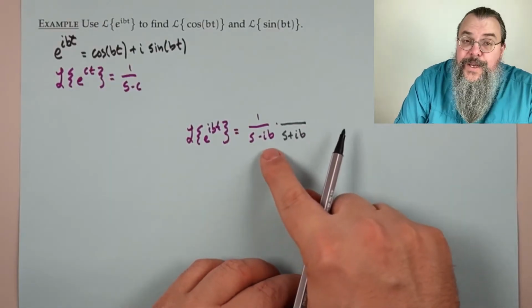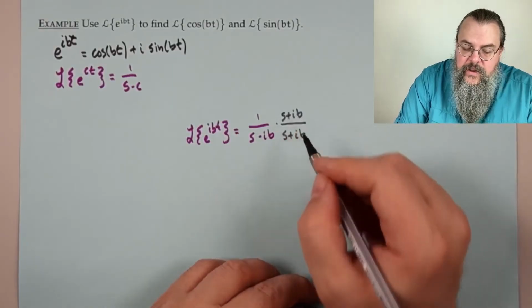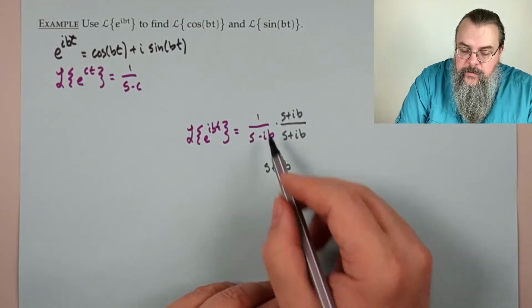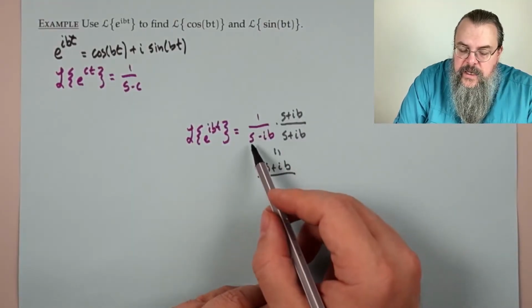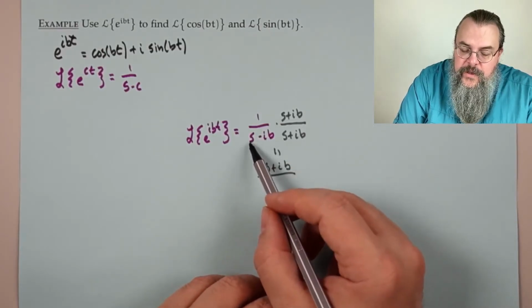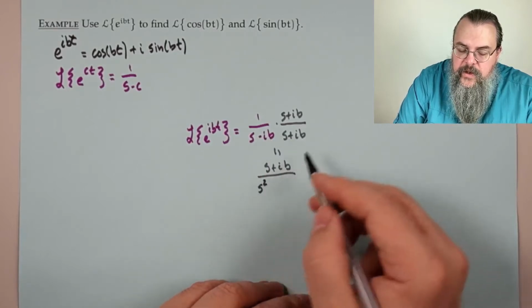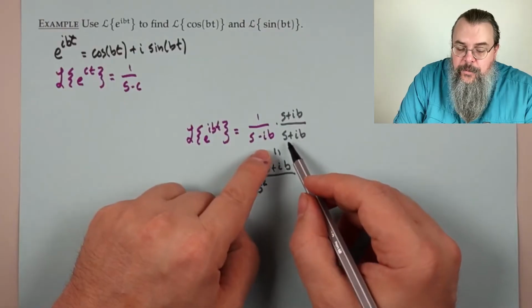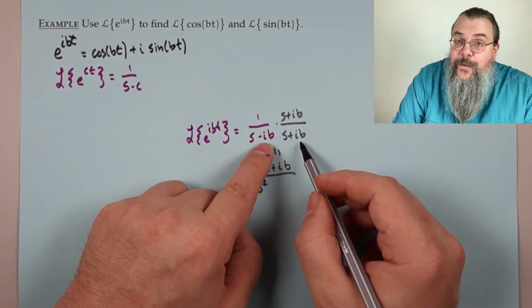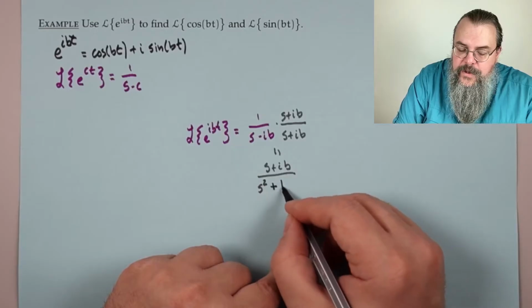So s minus ib, s plus ib. All right, well, that's great. So what would this be? Well, upstairs you get s plus ib, because 1 times that. Now here you have something minus something, something plus something. And if you remember, if you FOIL, okay, s squared. The sib minus sib cancels. Then you have this minus i squared b squared. But since i squared is negative, that ends up with a plus b squared.